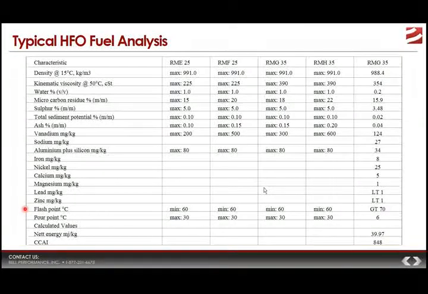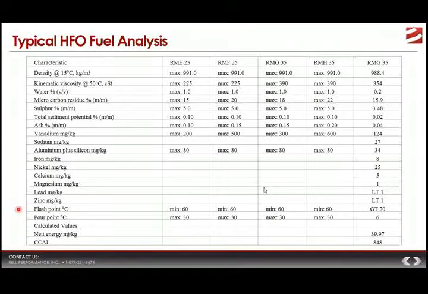In fact, the regulation is that the flash point of any fuel that is used in a ship's engine room must be at least 60 degrees centigrade. And so that's why you see all these minimum 60%. If it was lower than that, then it could almost spontaneously ignite in the warm conditions of the engine room. It would be a safety hazard, obviously.